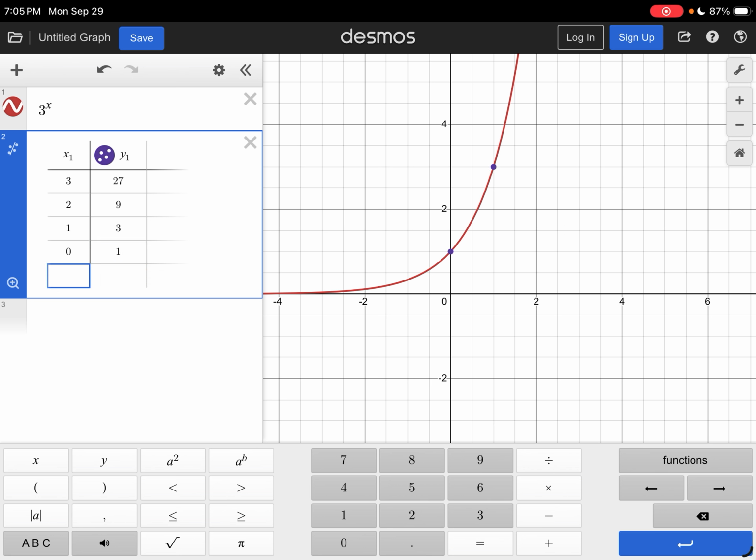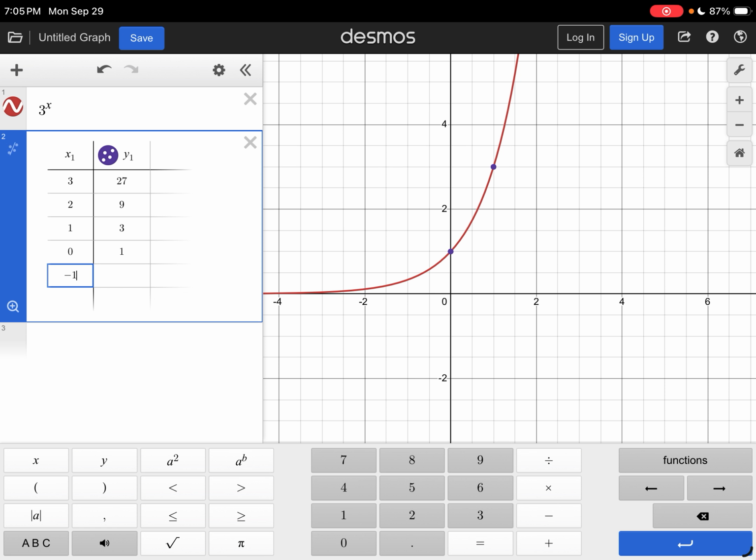But now if we go to the negative 1, negative 1 is going to be 1 over 3. Oh, gosh. Sorry. It's going to be 1/3. There it is.